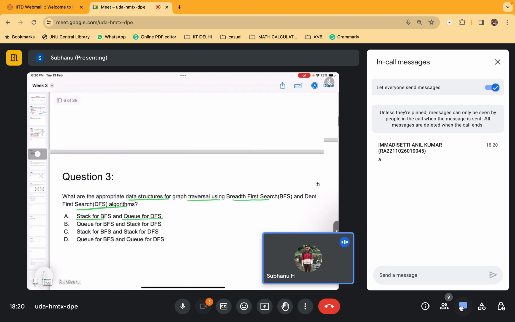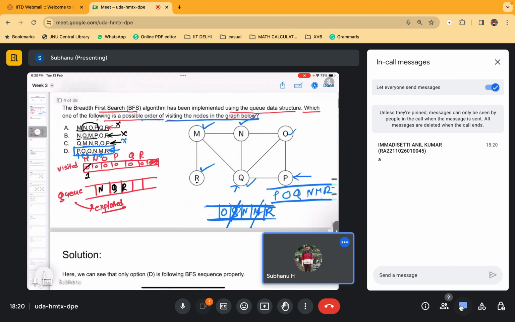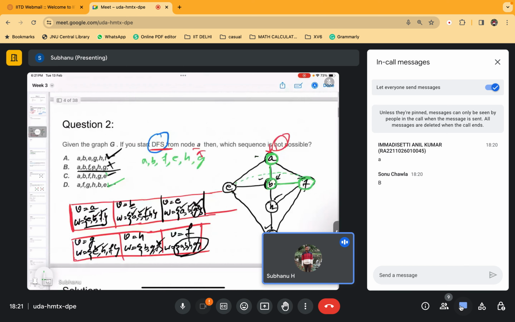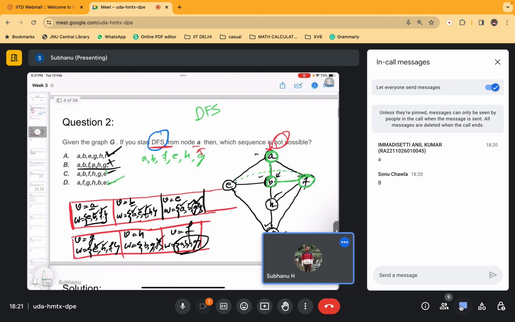Our first two questions, one was from BFS. So this was from BFS, and this question was from DFS. Here you have seen how I was following the algorithm and doing the traversals.